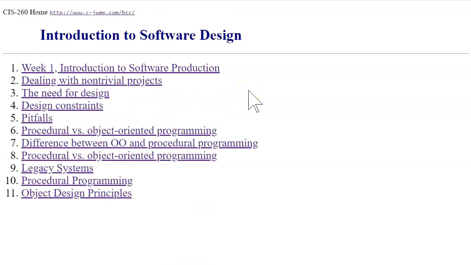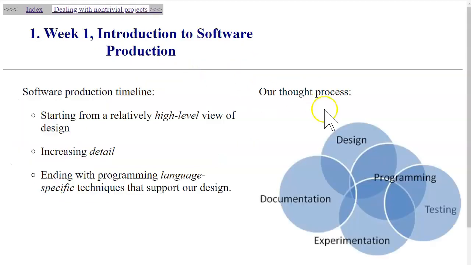The presentation for this week is called Introduction to Software Design, and we're going to discuss the topics presented in this lecture today. So essentially, a process of software design consists of multiple tasks. Of course, when this is a non-trivial commercial software package, it requires a lot of time to complete.